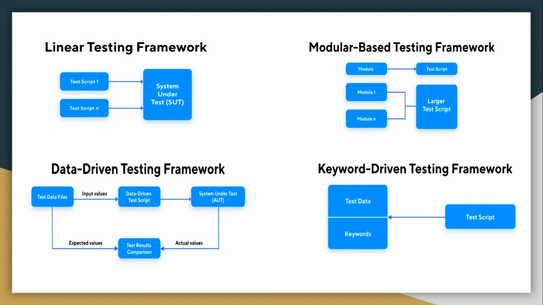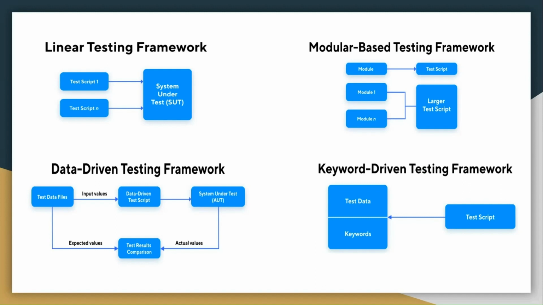Now coming on to the keyword driven testing framework. Depending on the project requirements, sometimes reusability is a very important factor, and this framework helps in achieving that very efficiently because keywords or functions are created for each action of the application. For example, if we have a login functionality in our application that has to be performed in almost every test scenario, we can have one keyword created for that. We can have individual keywords for each action, like click action and send data action.